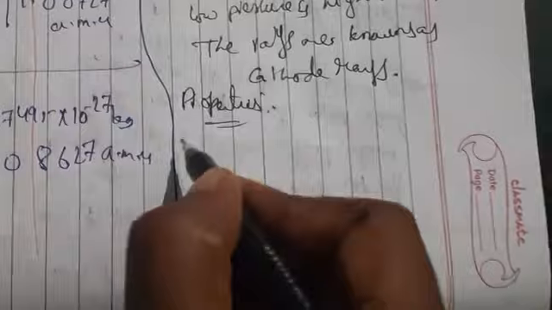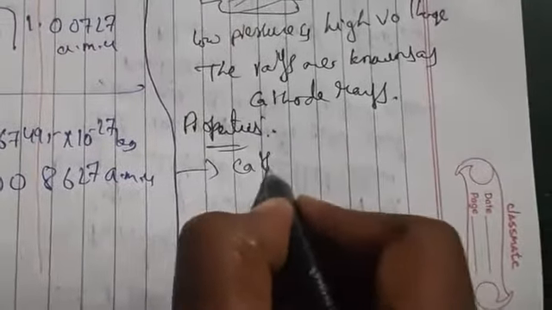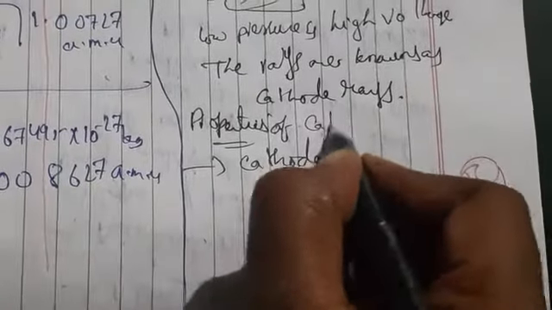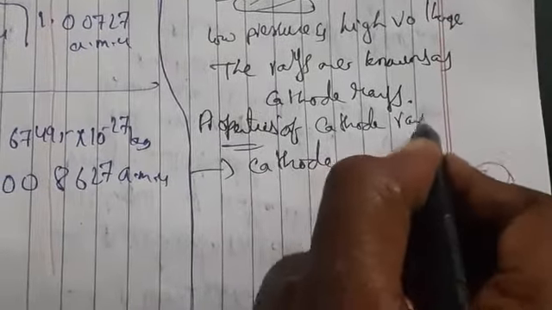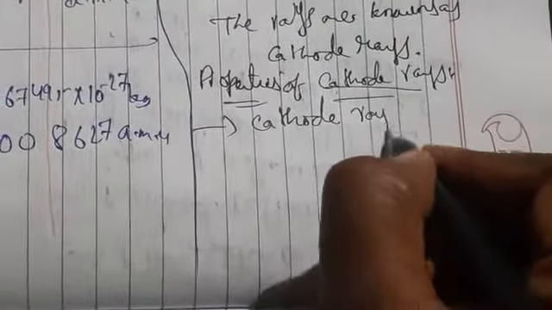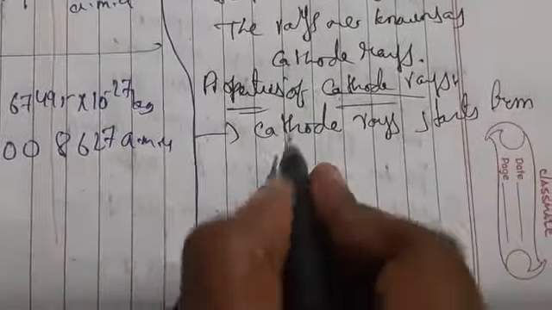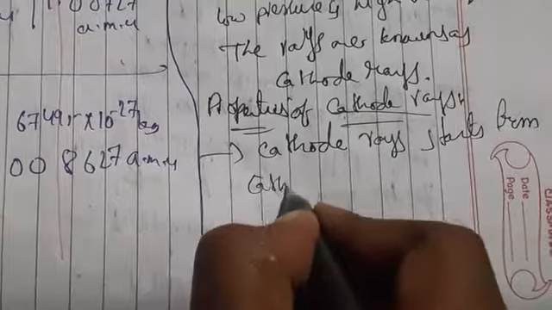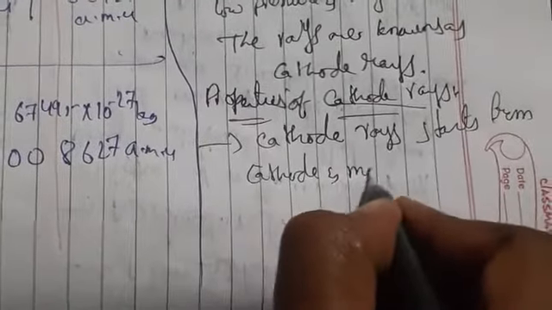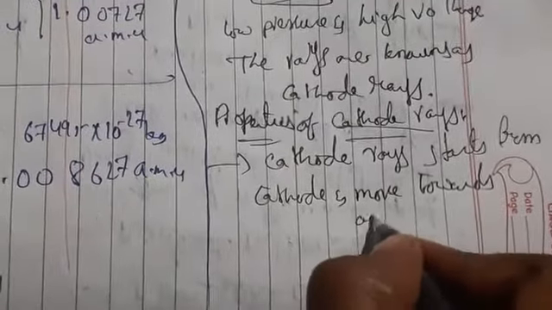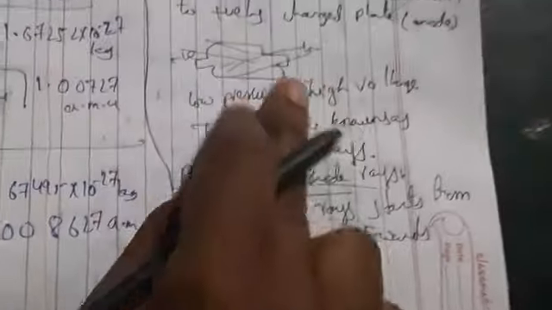The first property of cathode rays: cathode rays start from the cathode and move towards the anode. That is what we are saying.